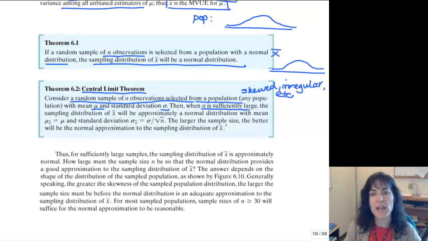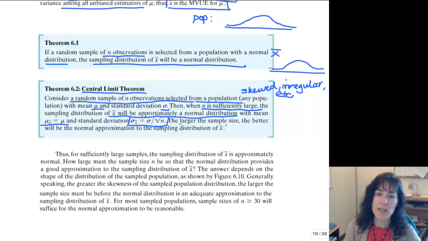And then we say if n is sufficiently large, the sampling distribution of X bar will be approximately a normal distribution with the means equal and the standard deviations following that formula that we just gave, where you take the standard deviation of the population divided by the square root of the size of your sample. So, and here's the caveat that's important to us. The larger the sample size, the better will be the normal approximation to the sampling distribution of X bar.